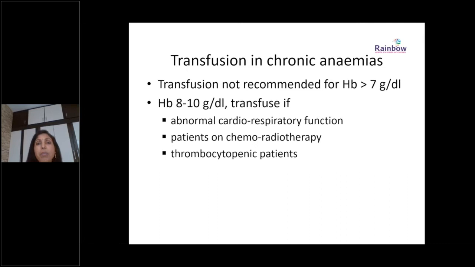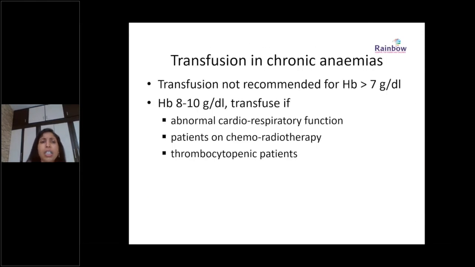So in chronic anemias, we always have to be careful. The 7 cutoff is just an arbitrary figure. As a pediatrician, you're definitely aware, we have to be very careful with their growth and extramedullary hemopoiesis.